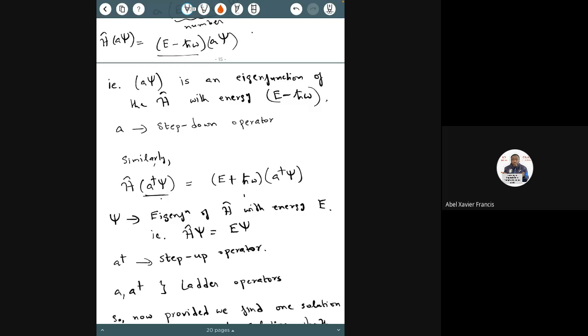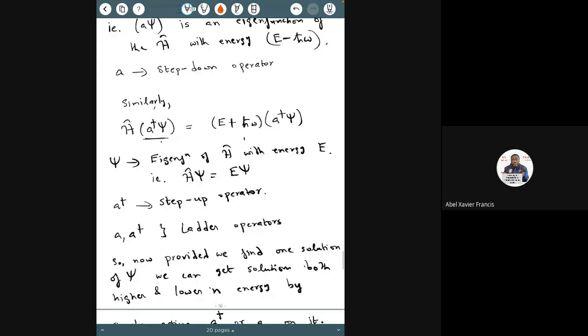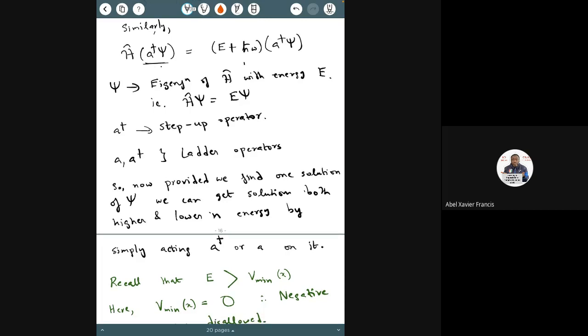And we decided to find out at least one wave function, and then we can raise the energy or lower the energy. Okay. And how to find out one wave function? What is the easiest one to find out? That's the ground state.